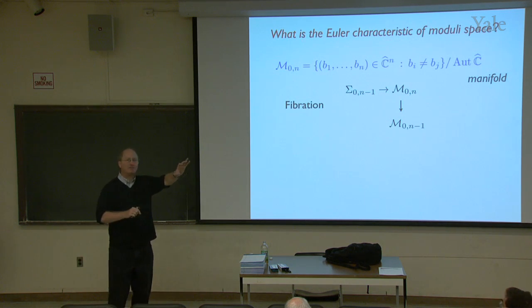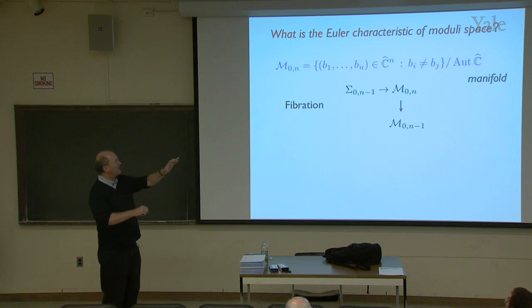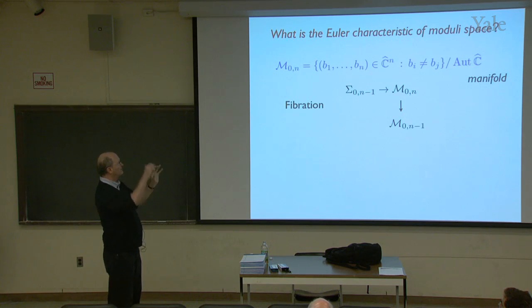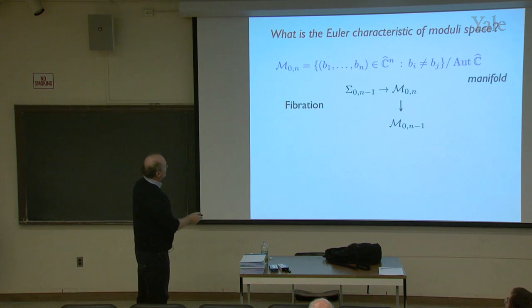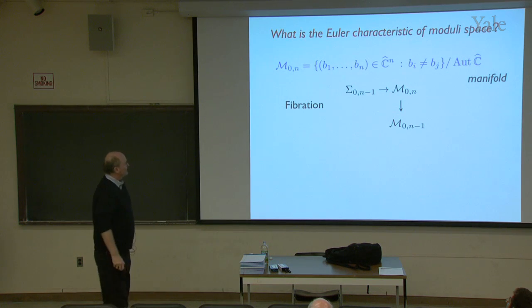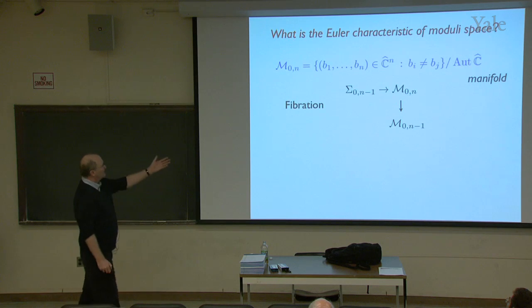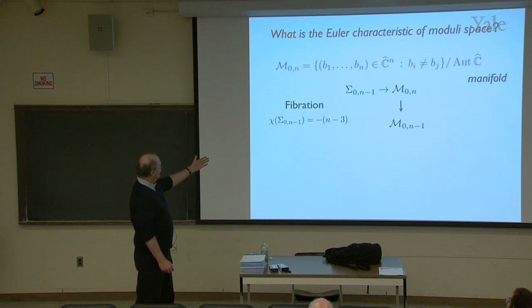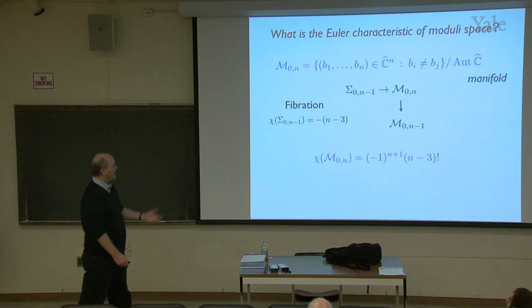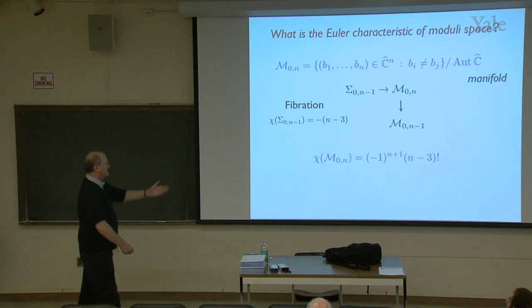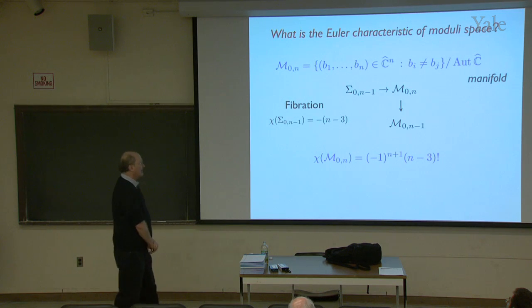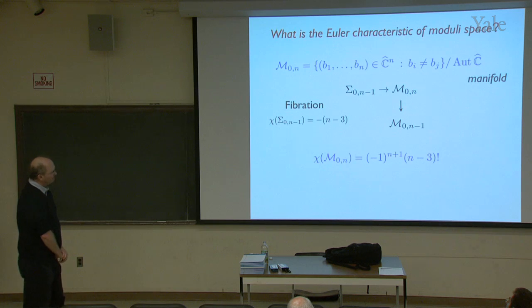If you've chosen n minus 1 points, you're not allowed to pick those for your nth point. So you throw away those points, and then you pick a point in their complement. And I know how to compute the Euler characteristic of the n minus 1 times punctured sphere. And so by induction, you compute that the Euler characteristic of the moduli space is a factorial. Up to sign, it's simply (n minus 3) factorial, where n is the number of points.